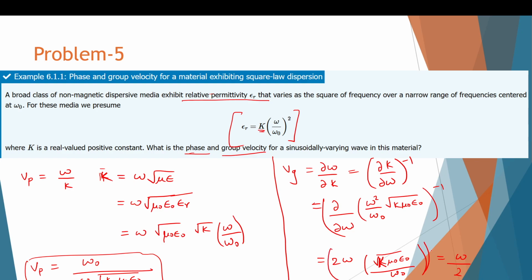Oh sorry, there is an inverse here. Now it will be equal to omega over 2k. So we know that omega by k is Vp, right? So that will be half of Vp. So the group velocity is half the phase velocity in this case.